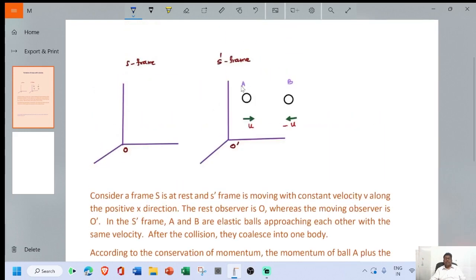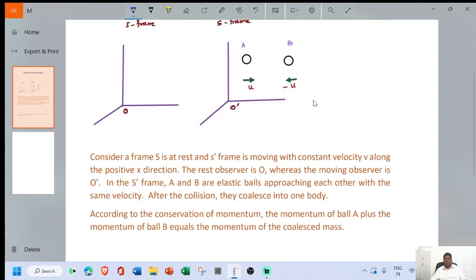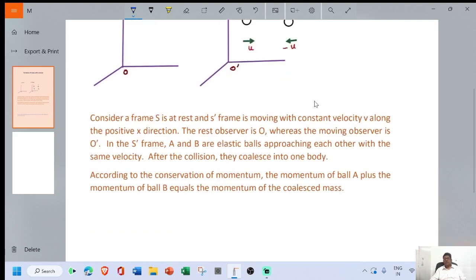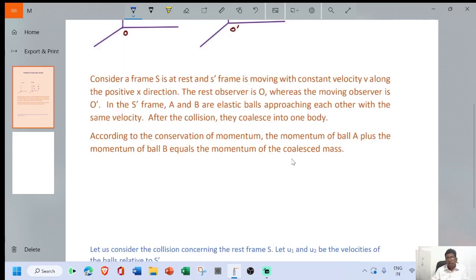The momentum of ball A before collision is m into u, whereas the momentum of the ball B before collision is minus mu. According to the conservation of momentum, the momentum of the ball A plus the momentum of the ball B equals the momentum of the coalesced mass.